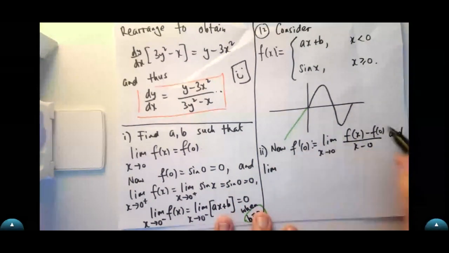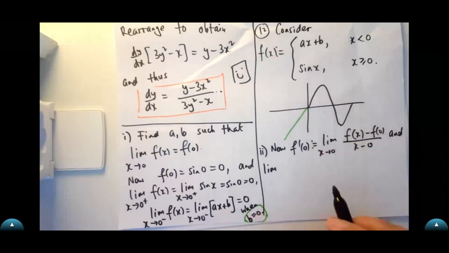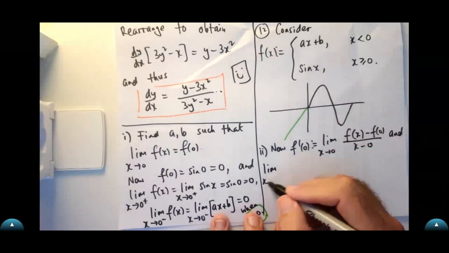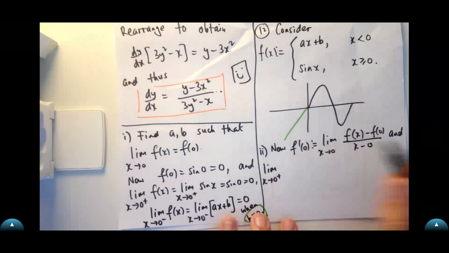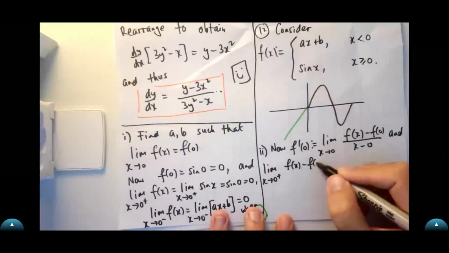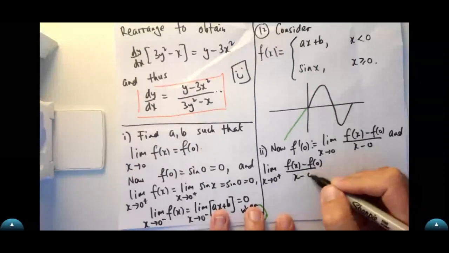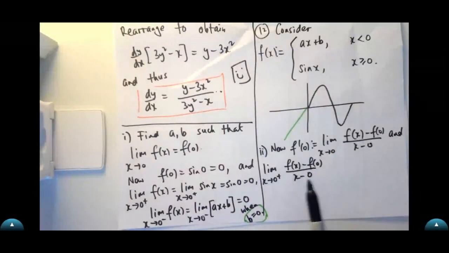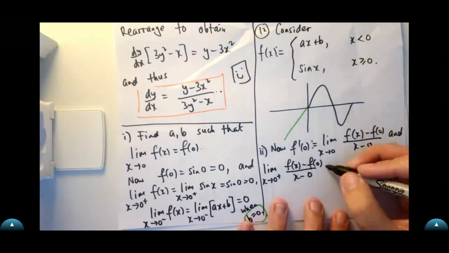If this limit exists, that's the condition for differentiability. So let's come in from the right. What are we going to get up here? x is positive, so we get our sine function.